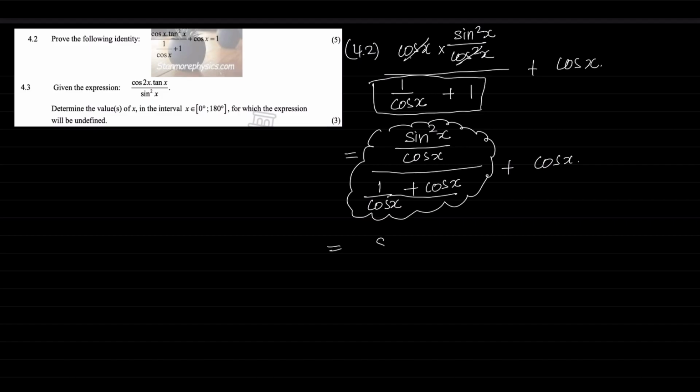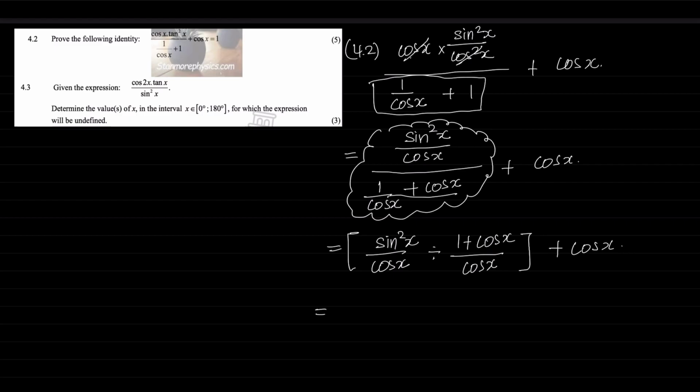So we'll have sine squared x divided by cos x, then divided by 1 plus cos x divided by cos x. So we got that, and then we got the plus cos x on the side. Now when we tip and times, this is what we will be left with.